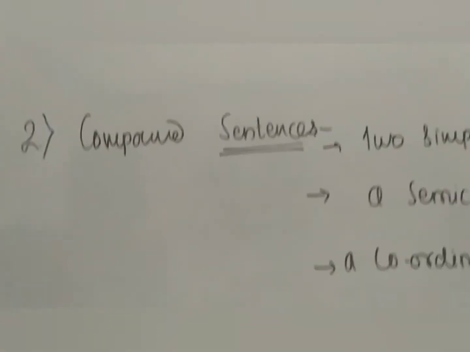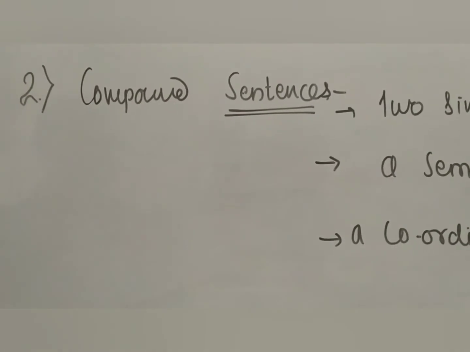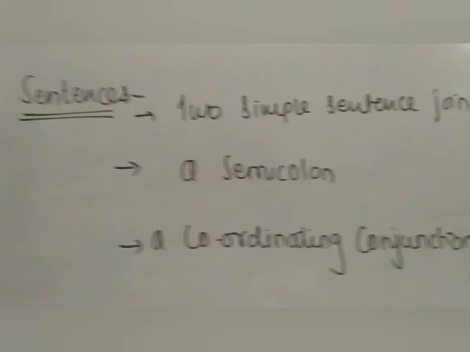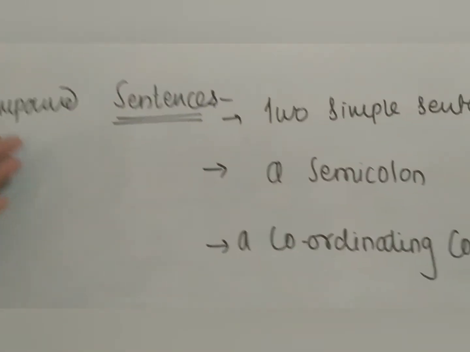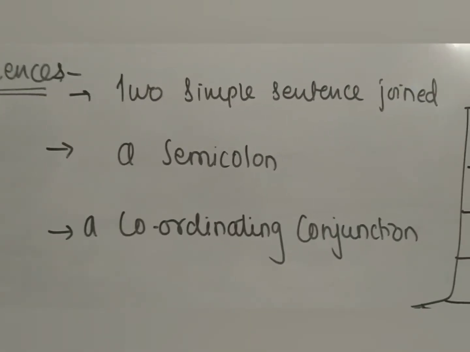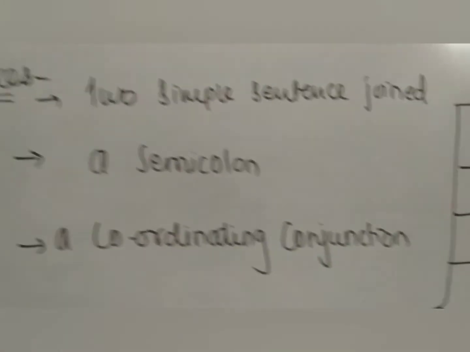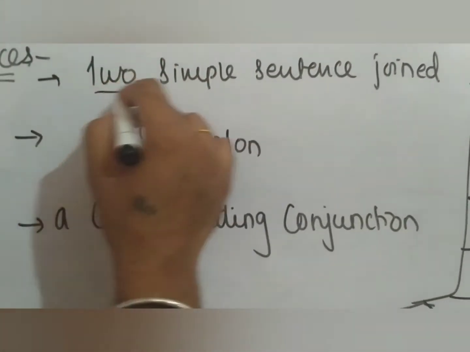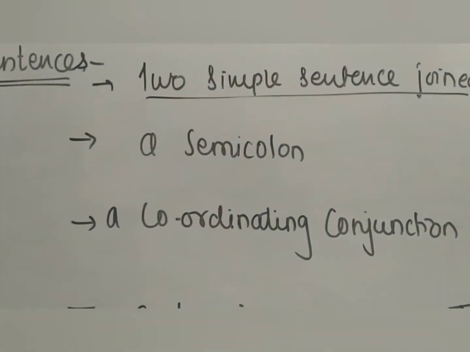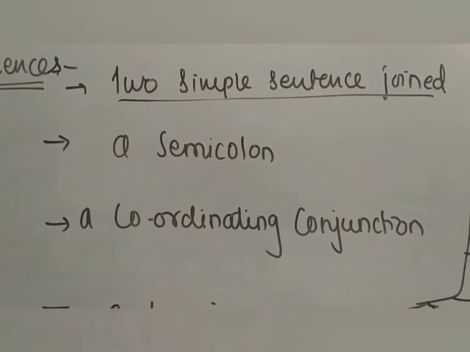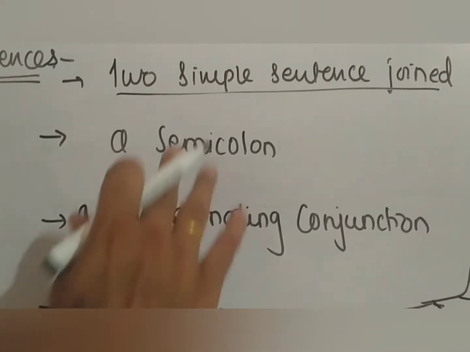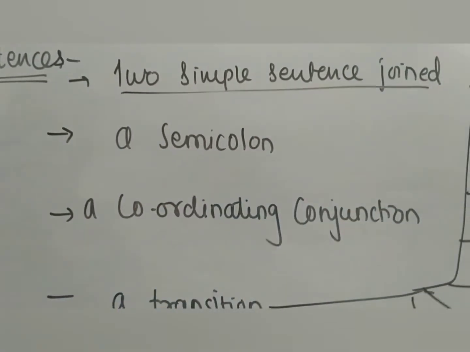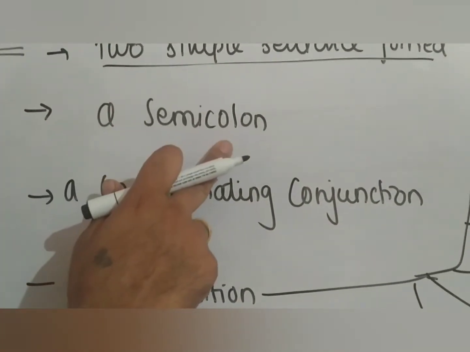Now friends, there are some important points to keep in your mind, and then it is very easy to identify the compound sentence. Now which are the important points in the above information? First, two simple sentences join. Friends, in a compound sentence there are two clauses. One is a simple sentence and the second one is also a simple sentence. So we join two simple sentences. Then use a semicolon.